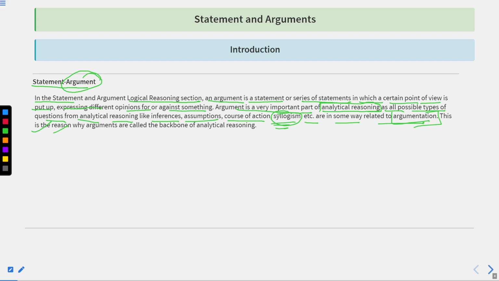This is the reason why arguments are called the backbone of analytical reasoning. Whenever we are giving arguments, what should be the reason behind this logical concept? What exactly is the reason?